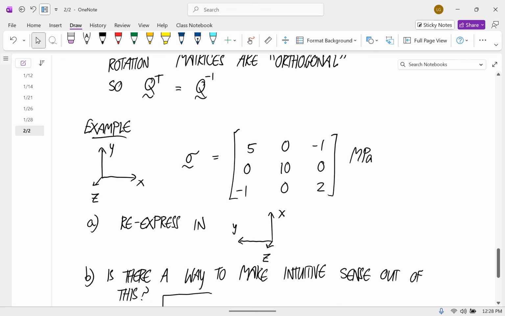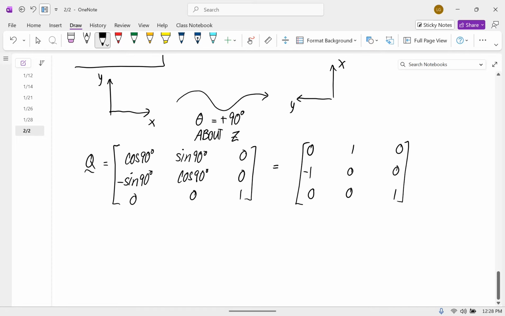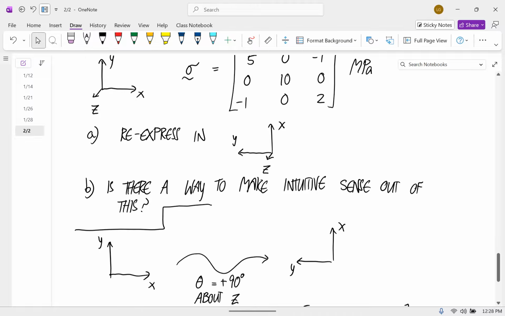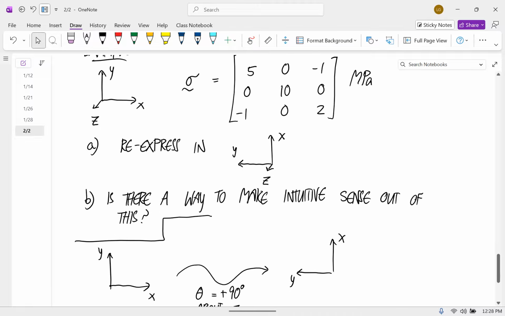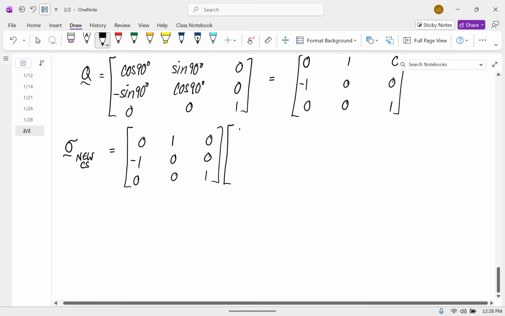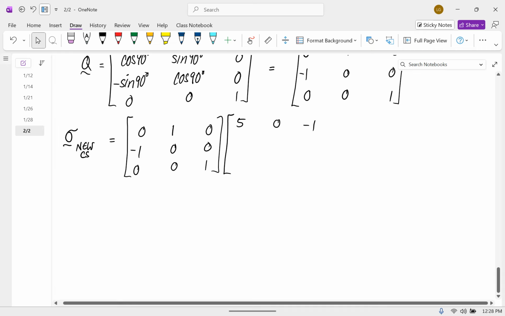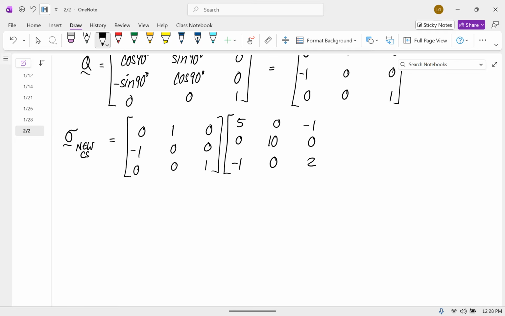And so now our stress tensor in the new coordinate system is Q times our old stress tensor, and you can do these rotation matrices in any units, so I'm just going to leave it in megapascals. 5, 0, negative 1, 0, 10, 0, negative 1, 0, 2.